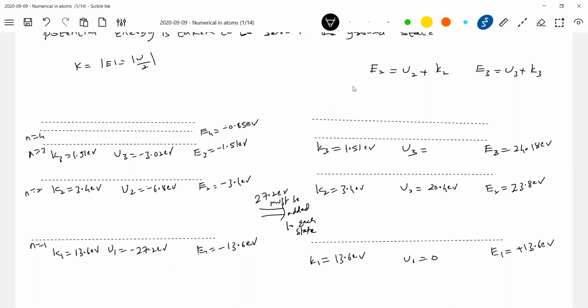Sir, U3 is 24.18. E3 is not 24.1. Okay, then I'll make changes. Then this one, E3 value, 25.7. Okay, this is a modified hydrogen atom. This is a hydrogen atom.